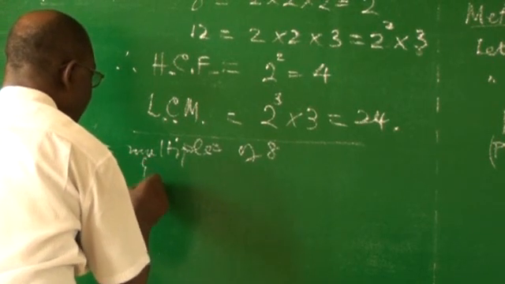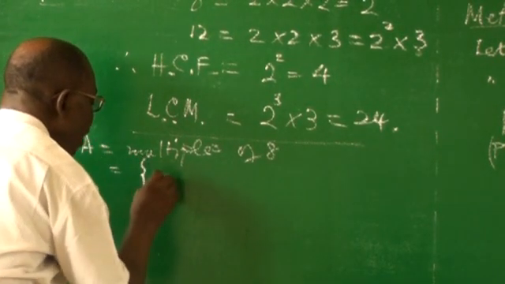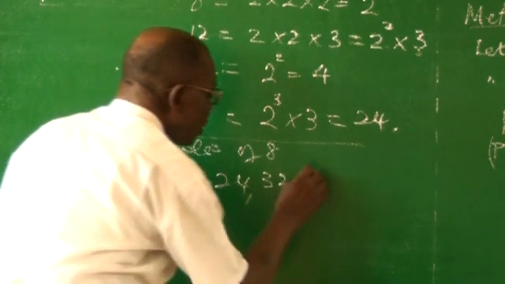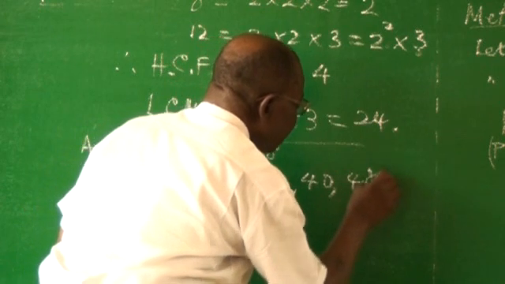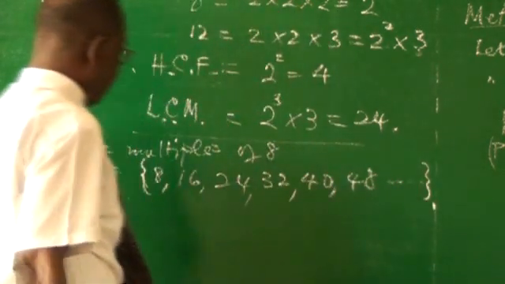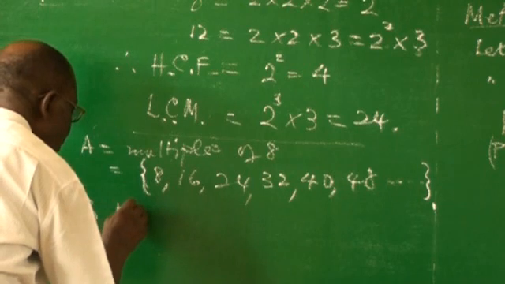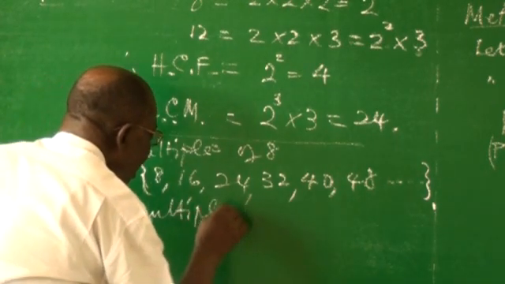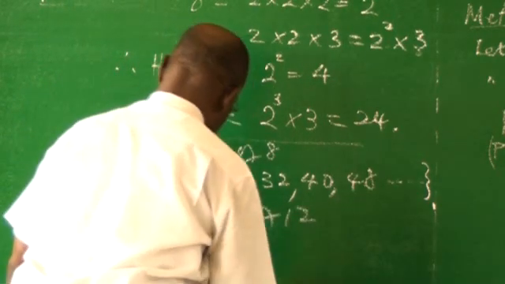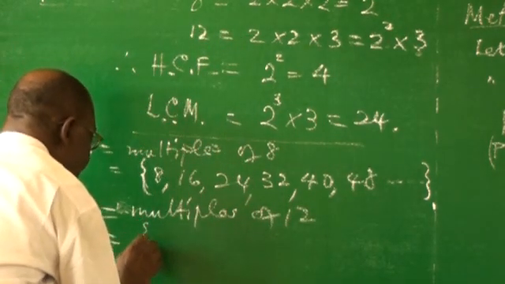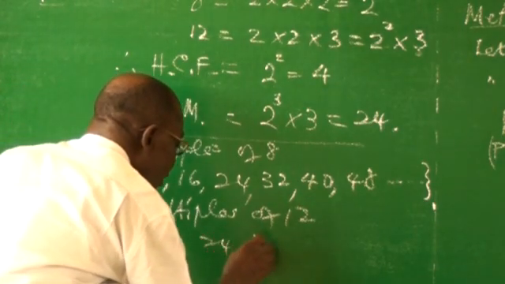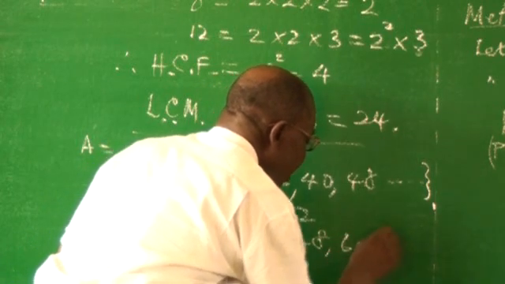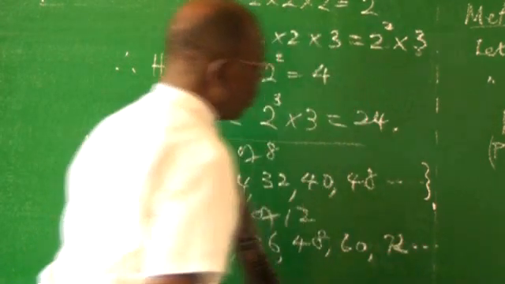And this will give us the following: 8, 16, 24, 32, 40, 48, etc. Let B represent multiples of 12. B can be written as 12, 24, 36, 48, 60, 72, and so on.